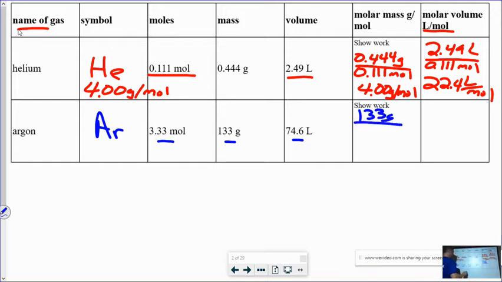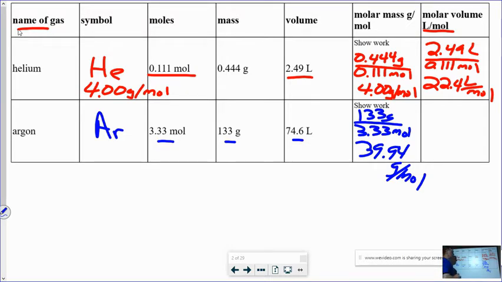And how many moles do we have? 3.33 moles. And if you do that, you get 39.94 grams per mole. And if you look that up on the periodic table for argon, that's exactly its molar mass.